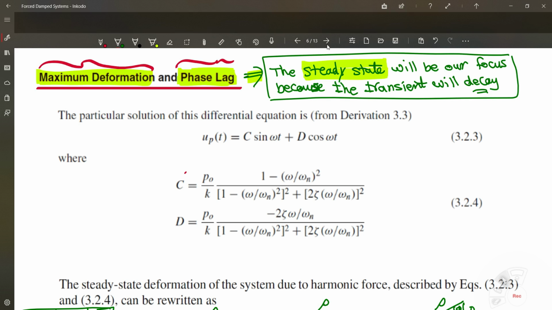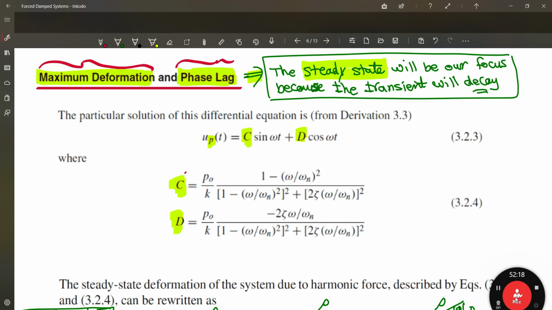Okay, as we have said before, our particular solution of this differential equation, which we have already derived, is u_p of t equal to c sine omega bar t plus d cosine omega bar t. So c and d, I have already explained them before.